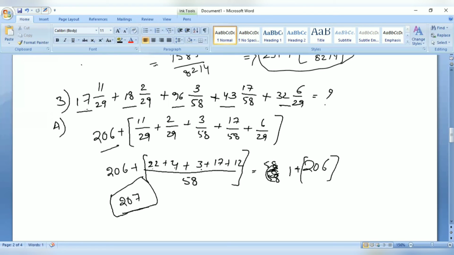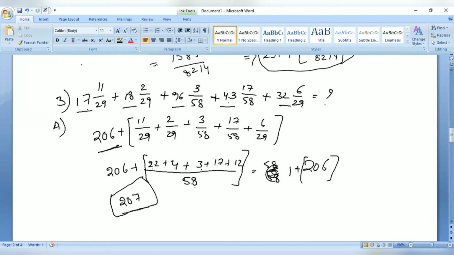First, we have added all the numbers 17, 18, 96, 43 and 32. Total it became 206. We have separated all the fractions. We identified that the LCM of 29, 29, 58, 58 and 29 is 58. So 29 goes into 58 two times.